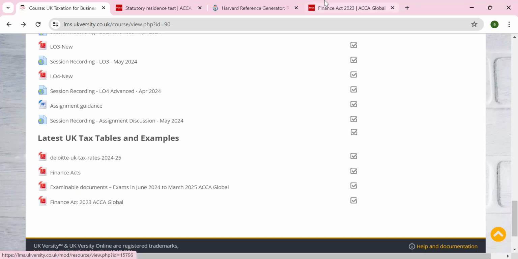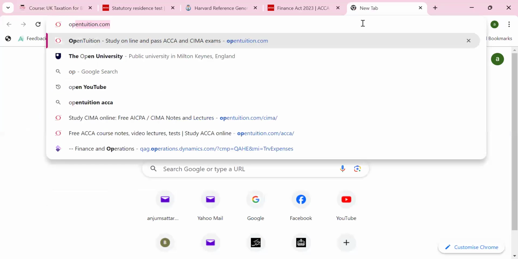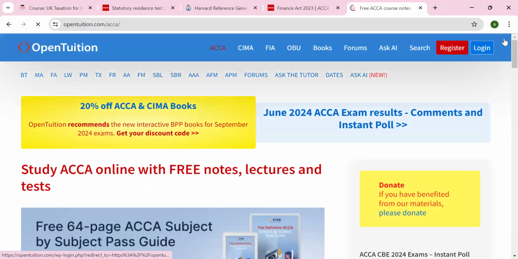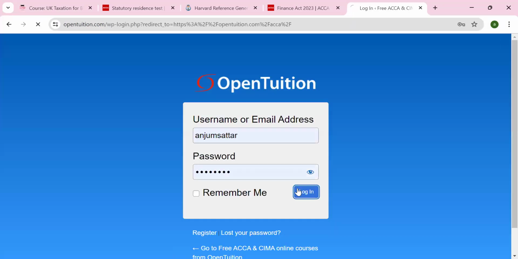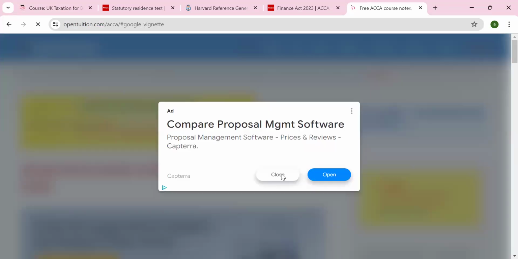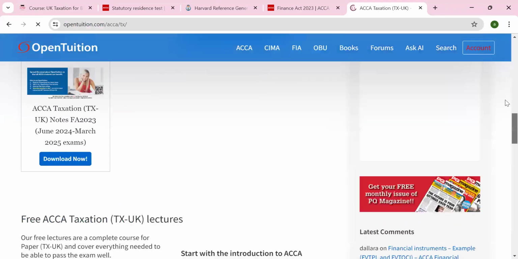Other than that, I'm going to share with you via chat one other document. As we discussed a few times, you can use the documents from Open Tuition, and we have the booklet called F6 exam, which is for taxation.